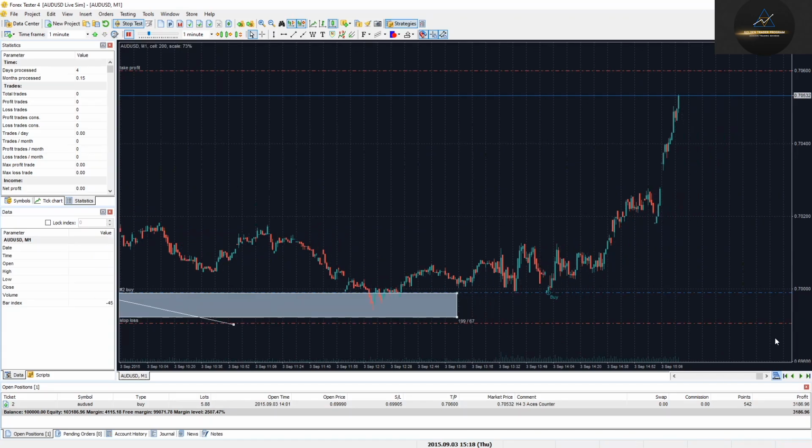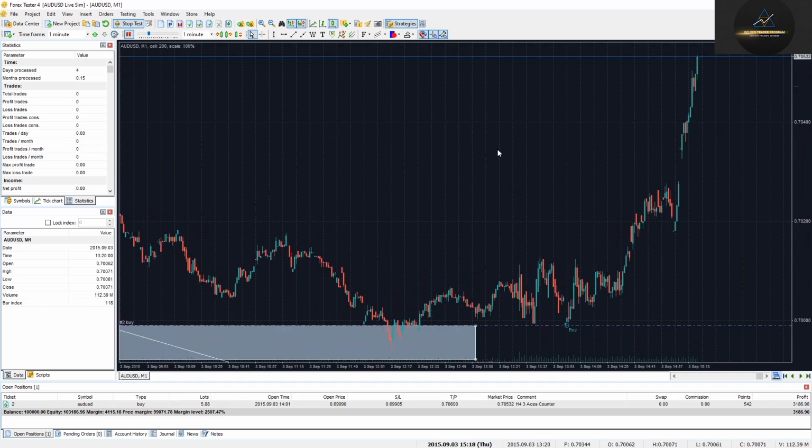So what I decided to do is go for the retest. So it was really quick. I don't expect you guys to be as quick as I am, but as you can see, we have a breaker structure here. This one, you could class as a breaker structure.